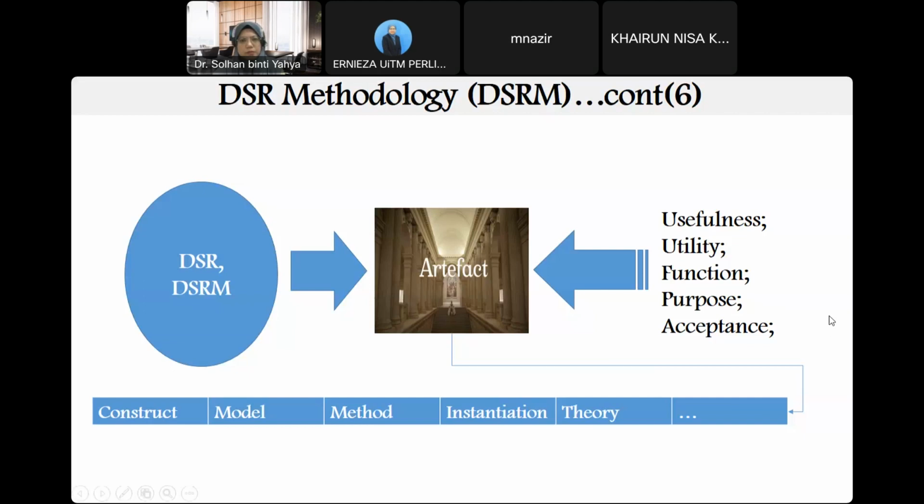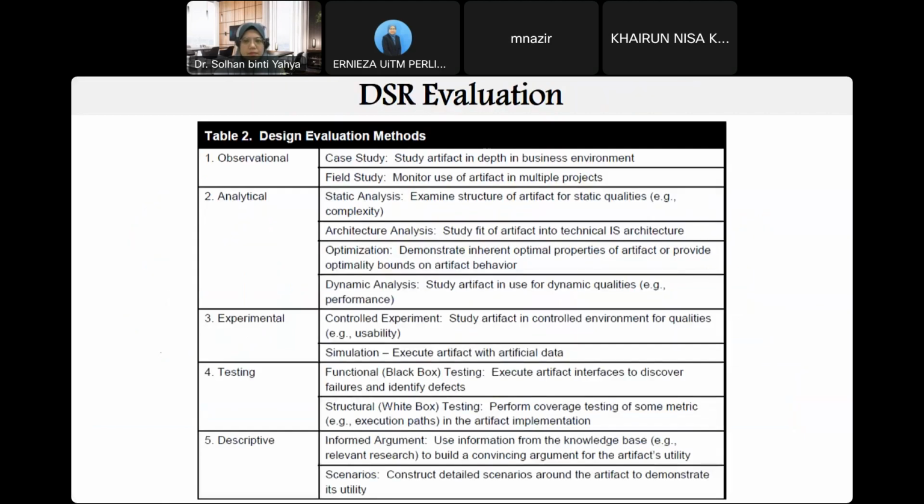Then the artifact needs to be evaluated in terms of usefulness, utility, function, purpose, acceptance, and so on. And actually, when you do evaluation, behavior science research can come in. That's why design science research and behavior science are complementary in nature, right?